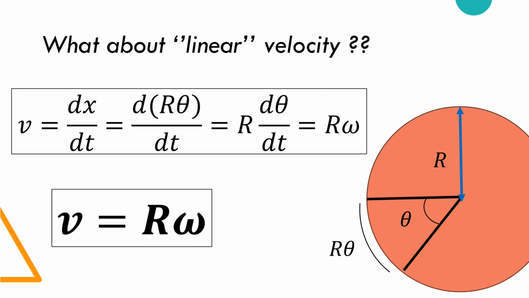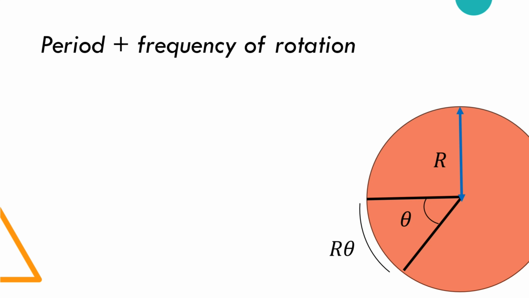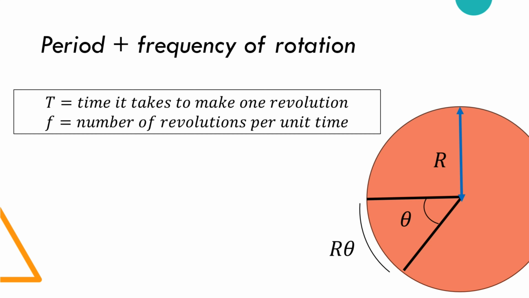Let's carry on. Period and frequency of rotation. The period, denoted by a capital T, is the time it takes to make one full revolution, one full rotation around the circle. Meanwhile, the frequency is the number of revolutions per unit time, usually per second. If it's per second, it can be written as per second or second to the minus 1, or it can also be called a hertz.